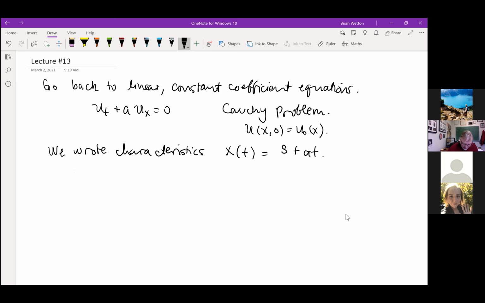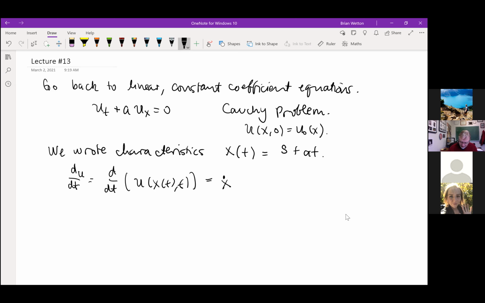And then we had this nice little trick where we look at how u changes on those curves. So that's u of x of t and t. And so when we do the chain rule, we get two parts.